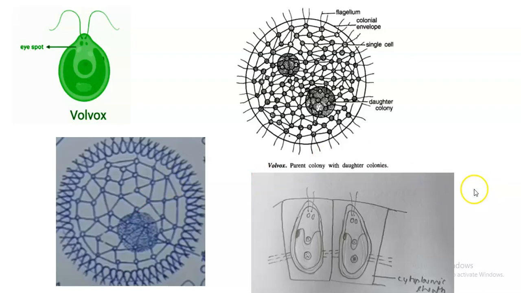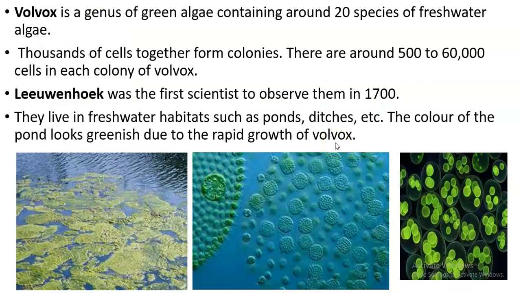Let's move on. Volvox is a genus of green algae containing around 20 species of freshwater algae. Thousands of cells together form colonies. This is one colony, this is one colony, like that. The greenish lighted area within is the daughter colonies. This is the outside colony, and this is the daughter colony.